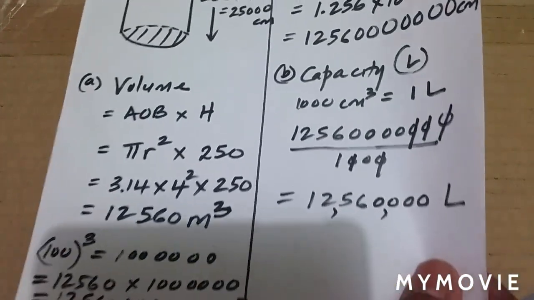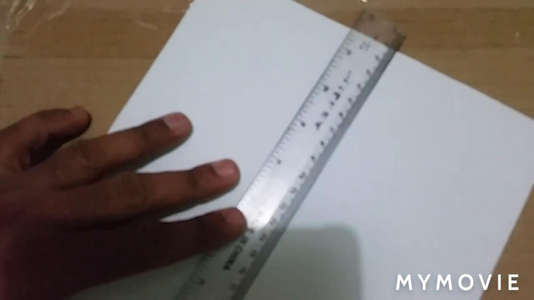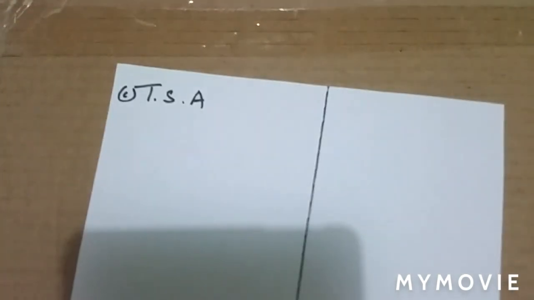So I'm going to get this out of the way here. And the second part now is requiring, you get the ruler. Let's get a line drawn here. So the third part is asking us to find the total surface area, which is part C of the question.